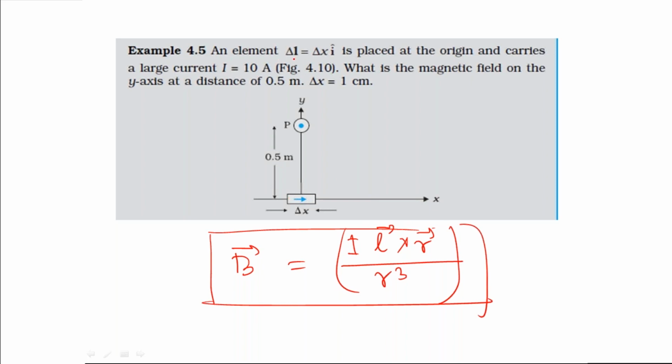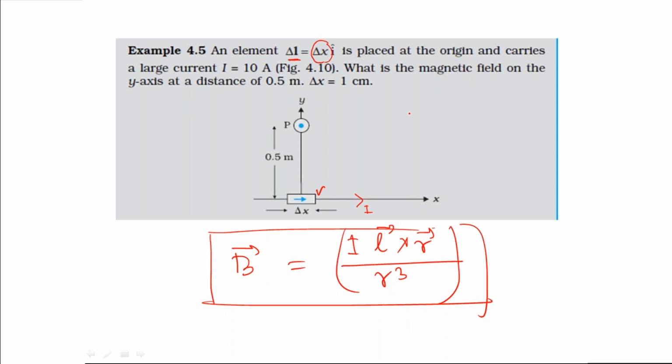So look here, the problem says an element dL is given. This one is the element, and it has a direction, the direction of current, suppose this way. That's why they have given the direction also. So this is dx along i cap direction, that means along the x-axis direction.